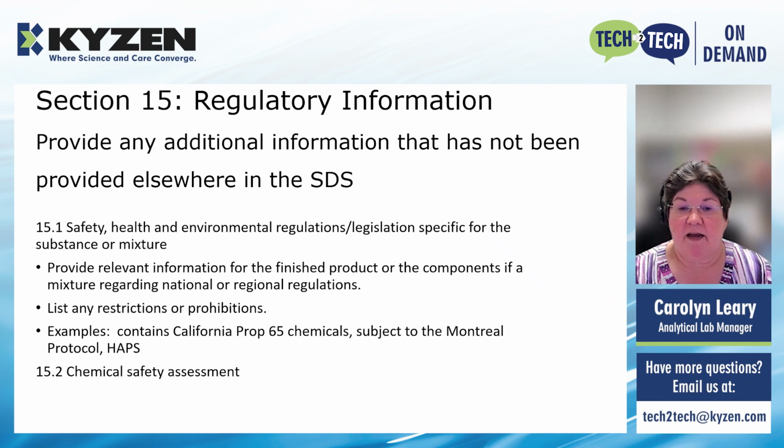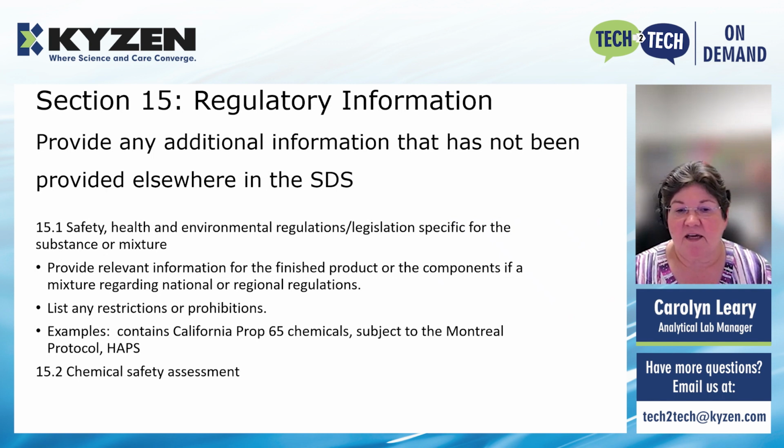If there's been a national or regional regulatory list that hasn't been covered, it would be listed here. Any lists or prohibitions that the product itself or components of it may be found on could be found here.